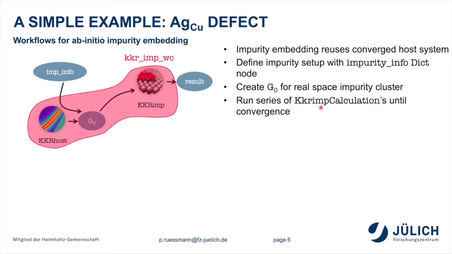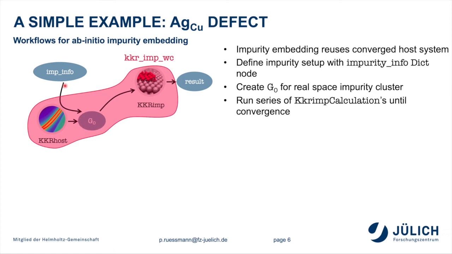The second step is then to embed the impurity into the system, and this we want to do now for a silver impurity in this copper FCC host. Here we reuse the pre-converged system to write out our G naught of the host system in the impurity cluster that we need.